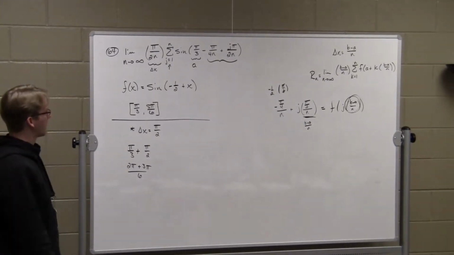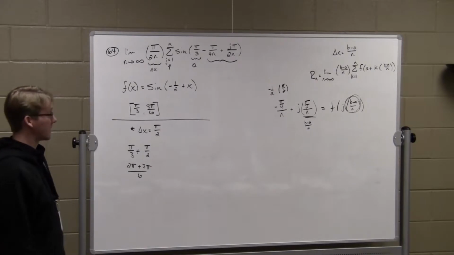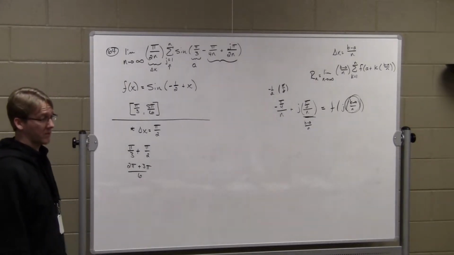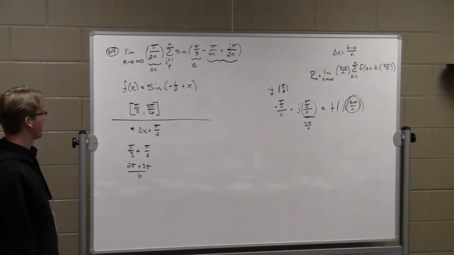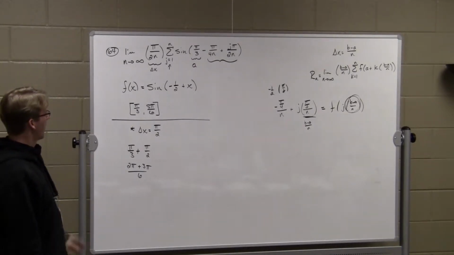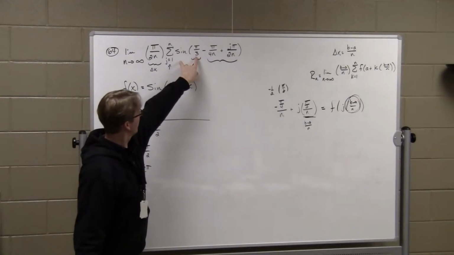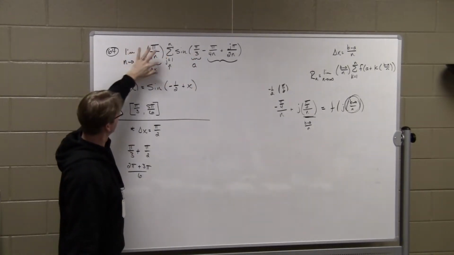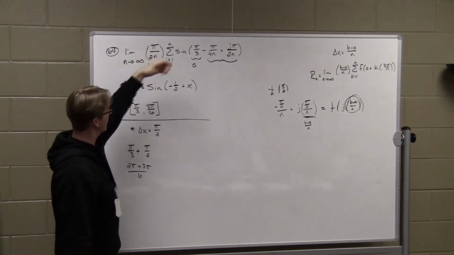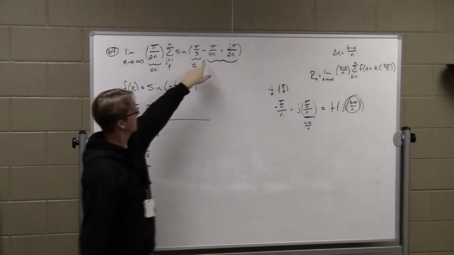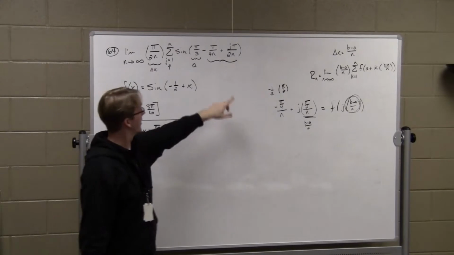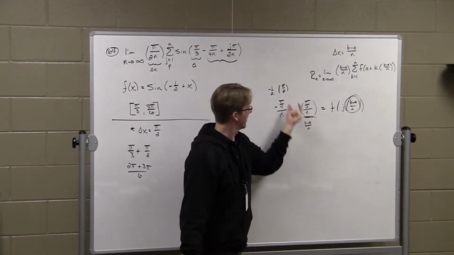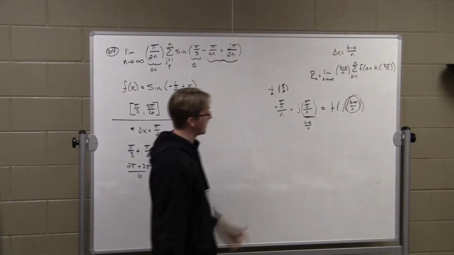Ta-da. Not the greatest one in the world to do, not the easiest to jump into. I think some of the other ones are a little bit more user-friendly, but there we go. Good that you recognized starting point A, interval, or width, which gave me the interval. And then we somehow had to finagle this into that by recognizing that this constant little pi halves was hiding in there somewhere.